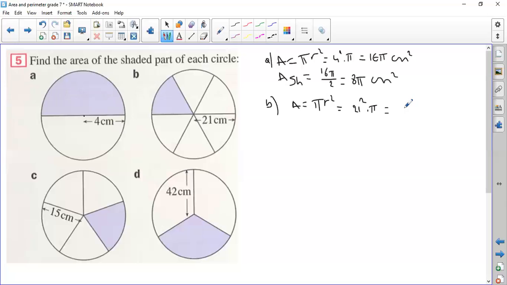Okay, so it is 441 pi centimeter squared. Now 1 over 6 of the circle is taken, so the area of the shaded part will be 441 pi over 6. Now what is 441 divided by 6? 73.5 pi centimeter squared.